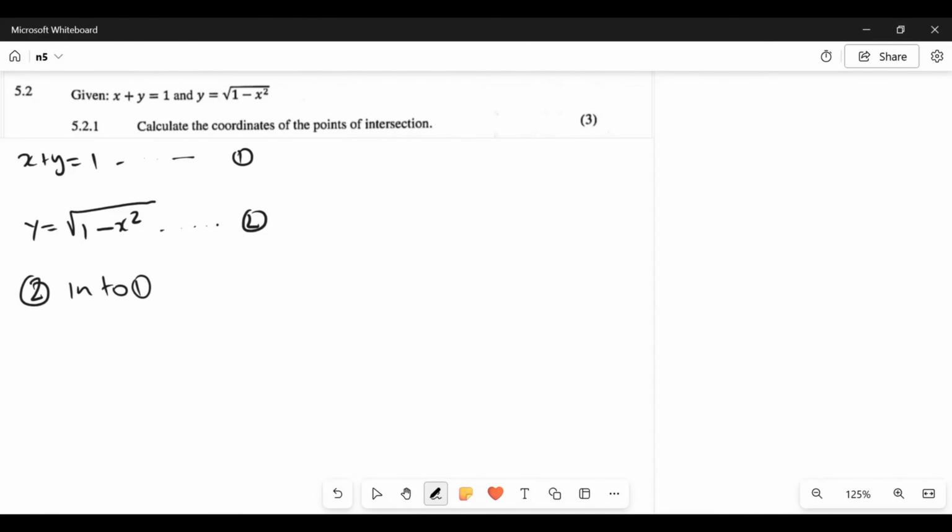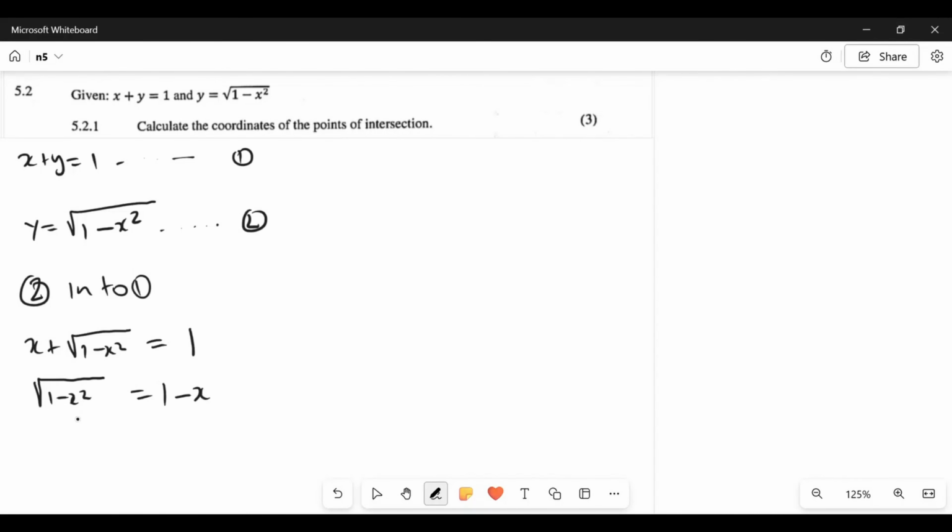Remember, equation 1 is x plus y, but instead of writing y, we're going to write root of 1 minus x squared, and all this is equal to 1, right? So from here, we just have to transpose this x to the other side. On the left-hand side, we're going to be left with root of 1 minus x squared, and then on the right-hand side, we'll have 1 minus x.